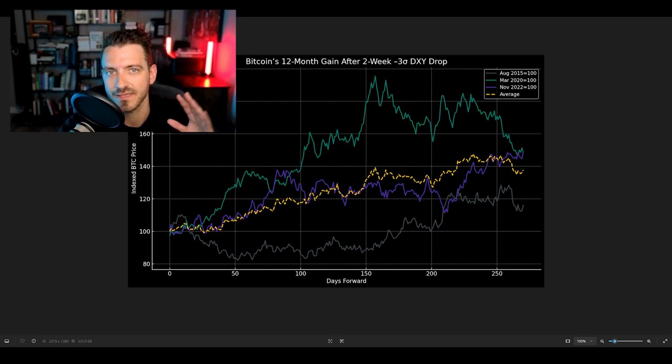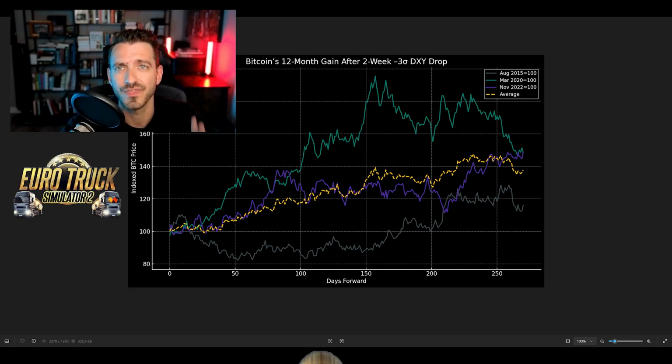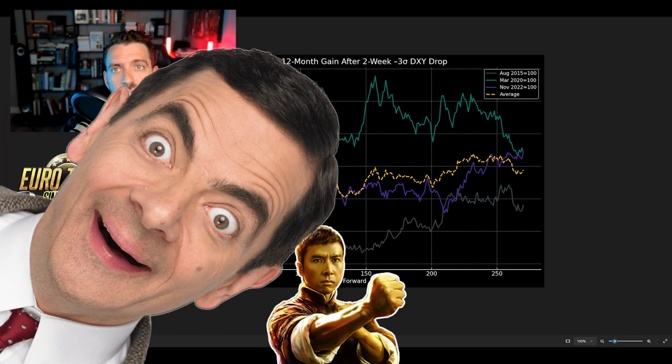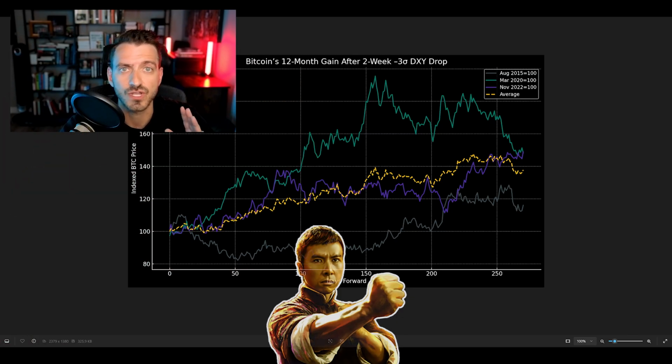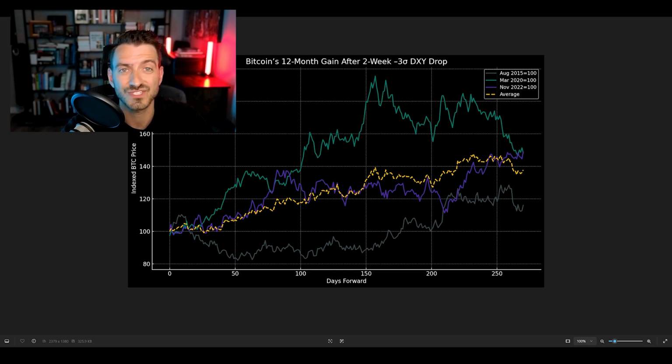The DXY is slightly lagging, and I'll show that in the next chart, but I wanted to take a step back and talk a little bit about how the dollar index actually works. The DXY measures the dollar's strength against a basket of major currencies, things like the euro, the yen, the pound, and others. But it's not just a currency index, right? It's a global risk barometer. When investors get nervous, they sell risk and run to dollars.